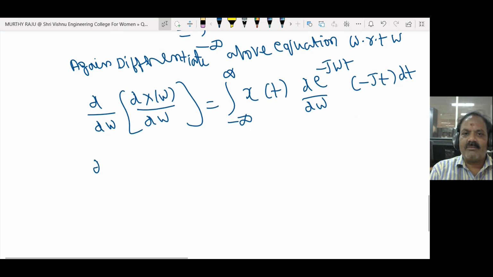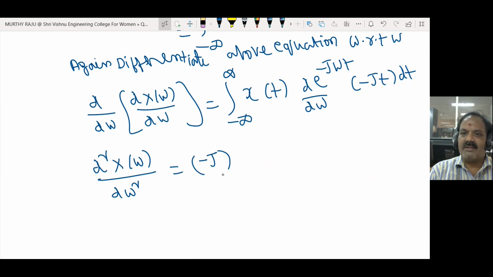Here d square X of omega by d omega square is equal to minus j, brought outside, the integral from minus infinity to plus infinity of t into x of t.